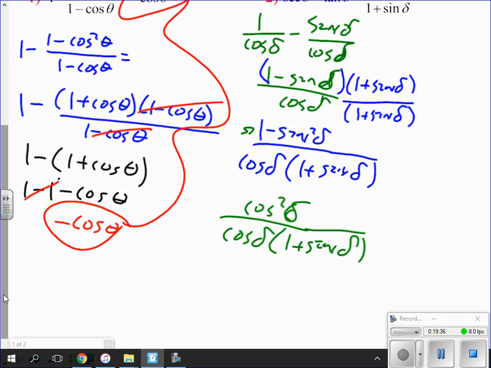Yeah, my cosines cancel. One of my 2 cosines in the numerator cancels with my cosine in the denominator. And what do I have? I have cosine delta over 1 plus sine delta. That's what we started with on the other side.